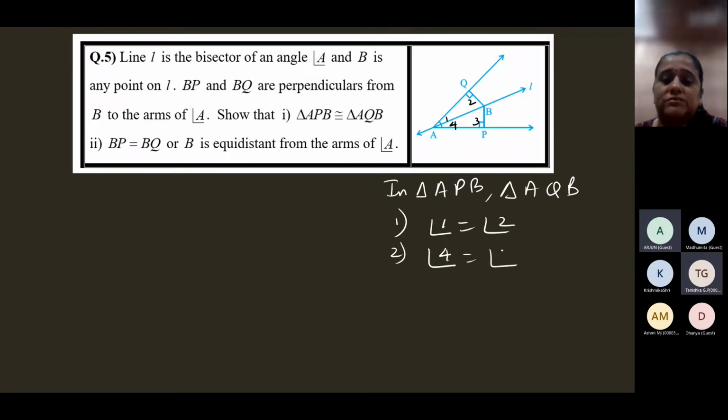These are given, ma'am. Okay, then angle AB is common in both triangles.